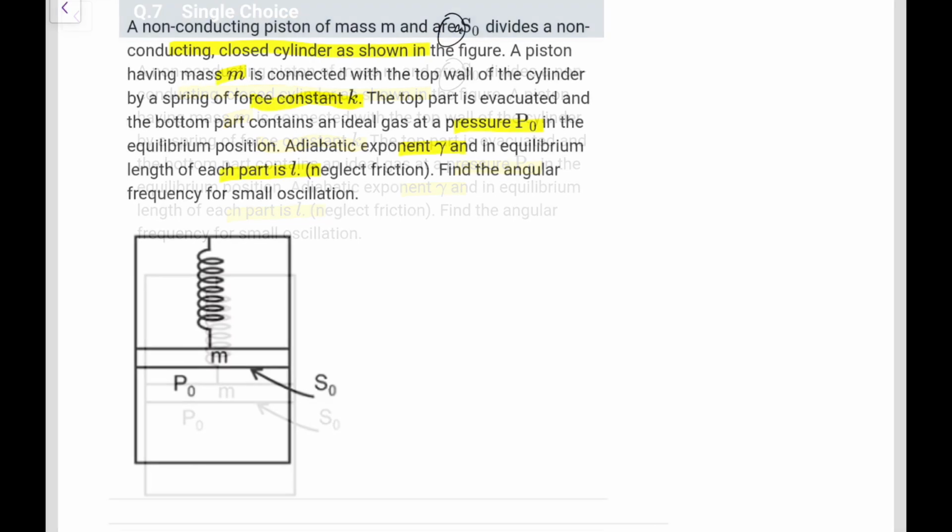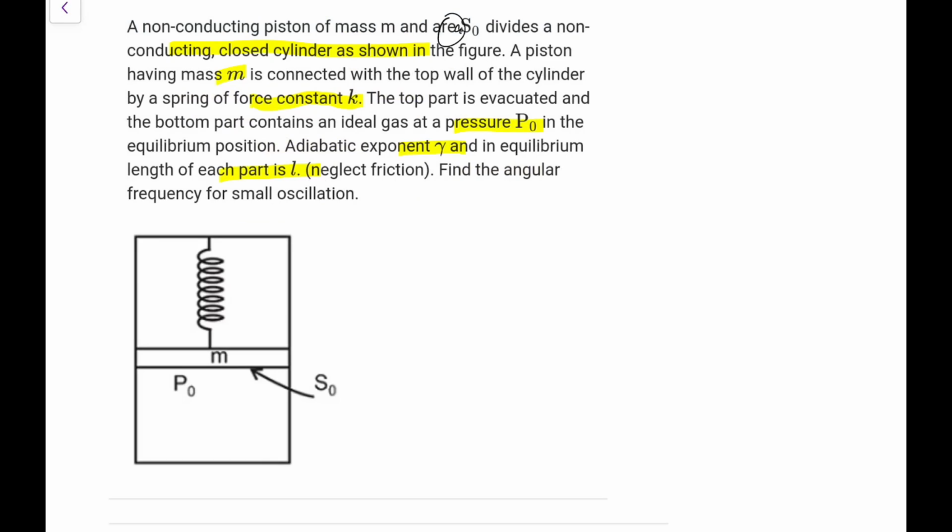Okay. So now here, if I slightly displace it, let's say downwards by distance x from equilibrium, the equilibrium will be disturbed. The spring will be more extended, so the additional force of the spring would be minus kx, and the pressure change force, dp into S naught, will also be upward, because pressure will increase, so that will be added to this.